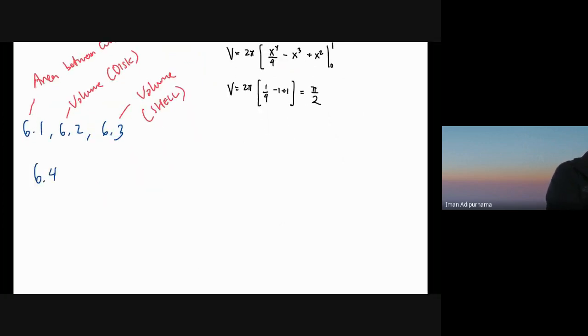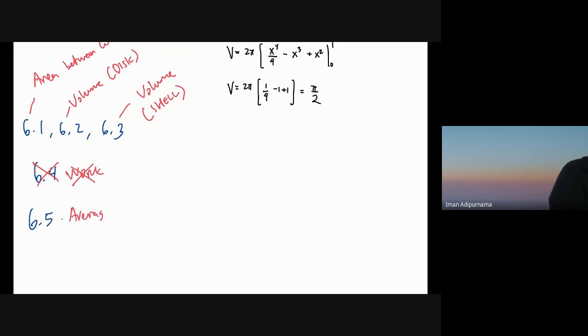We have 6.4. We will skip this, we will not elaborate on it. It's about work, so we skip that. We're going to go to 6.5, the average value, and the mean value theorem for integrals.